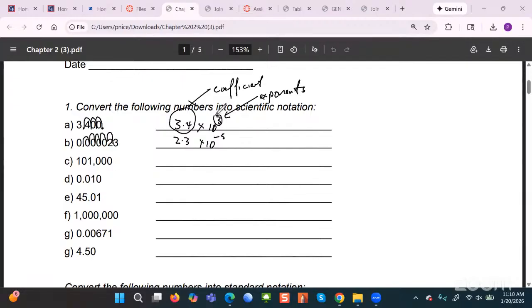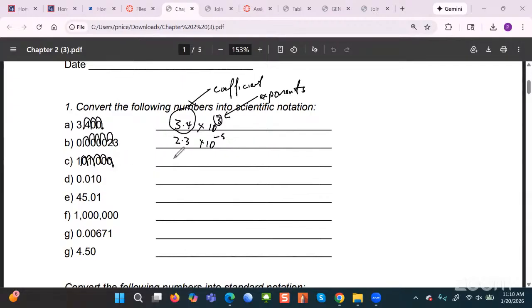If you understood what we did in A and B, how would you do C? In C, you're given 101,000. Again, the decimal point is understood to be here. Where do you want to move it to? You want to move it to the left. How many places? 1, 2, 3, 4, 5.